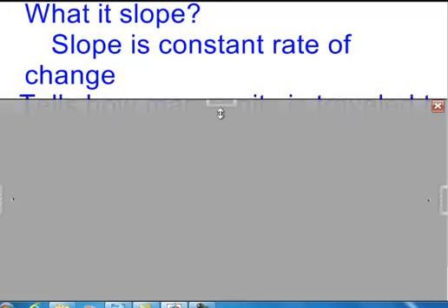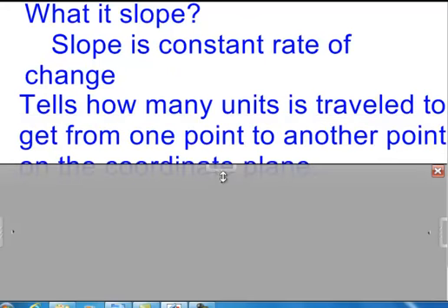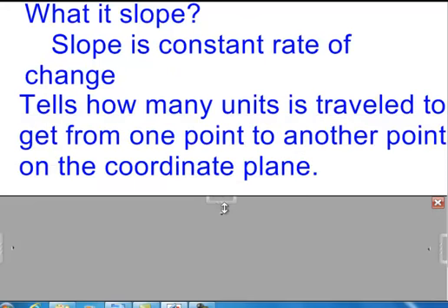Check it out. The slope tells you how many units you travel from one point to another point on the coordinate plane. Since it's a straight line, you're always going up and then over the same constant number of units. Make sense? I hope so.